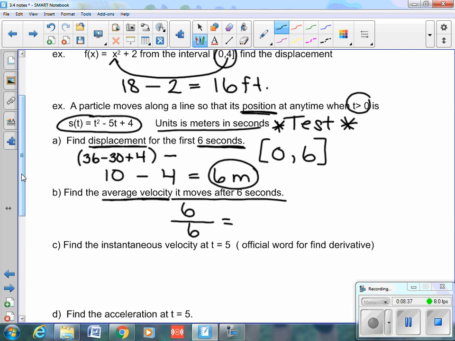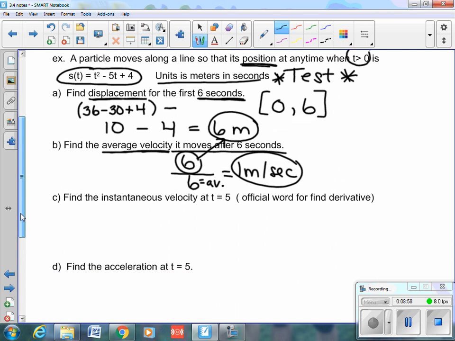Wouldn't that make sense? Right? Final answer. Just to look back at notes, this 6 is the average. This 6 came from there. That 6 came from there.